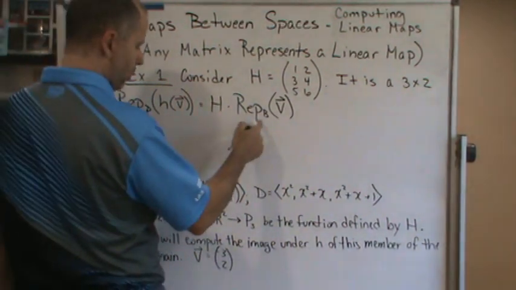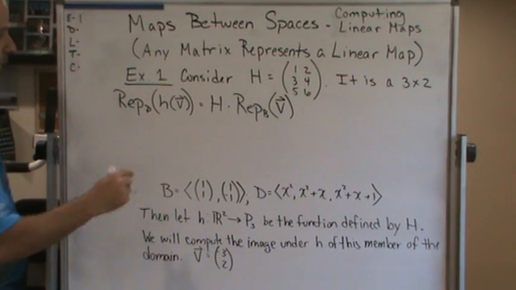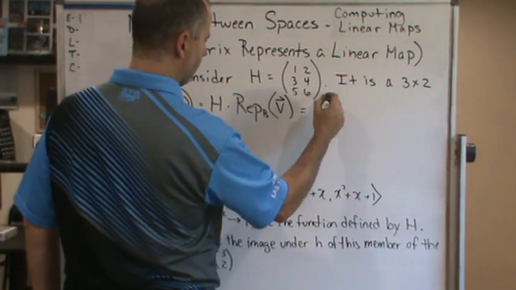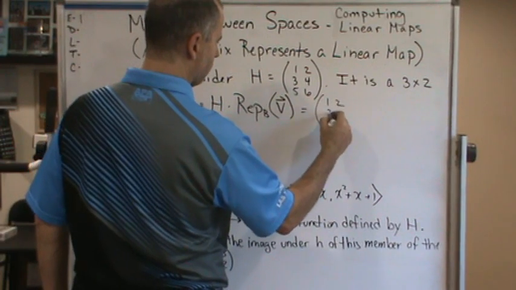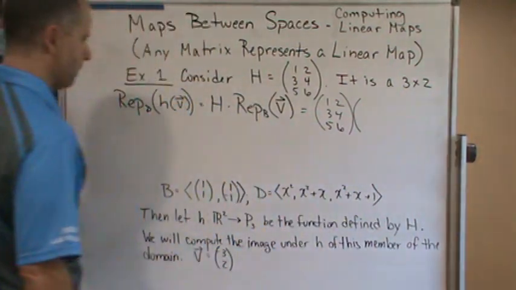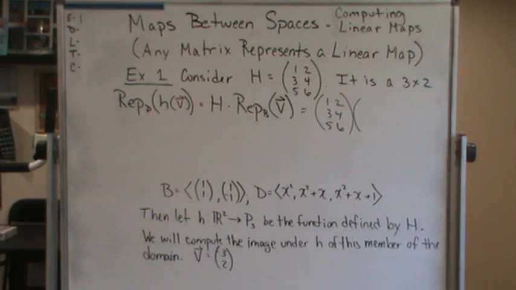When we do that, I'm going to leave it to you, but what we get is this matrix here, 1, 2, 3, 4, 5, 6, times, in this case, a 2 high vector, and it's -1/2, -5/2.